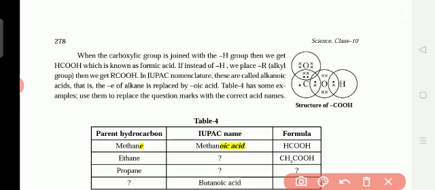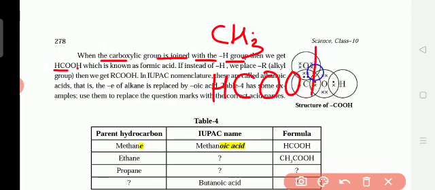Okay. So when the carboxylic group is joined with the hydrogen, then we get HCOOH. For example, CH3 is what? CH3 is the methane. Understand? So in this methane, hydrogen is replaced by COOH. Then we get H, COOH.